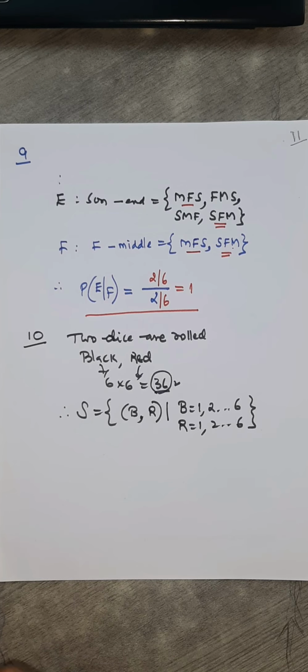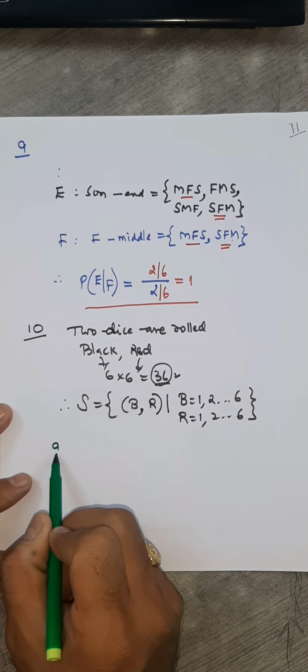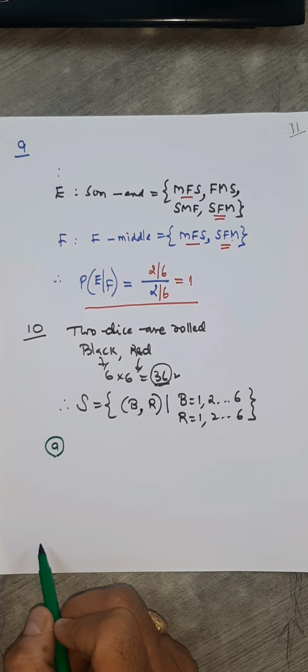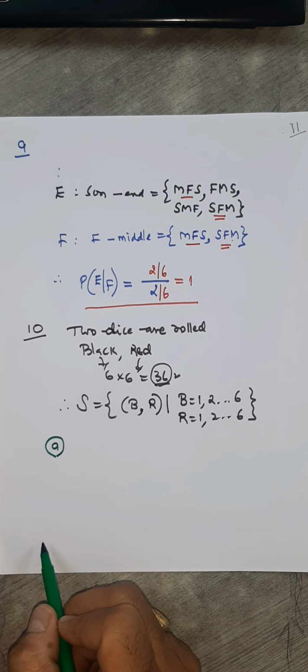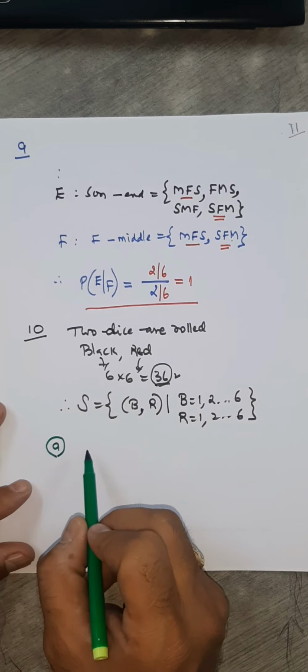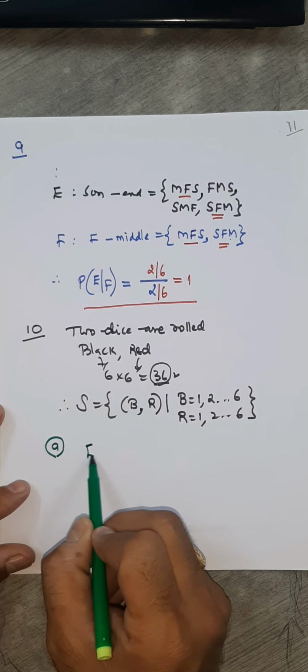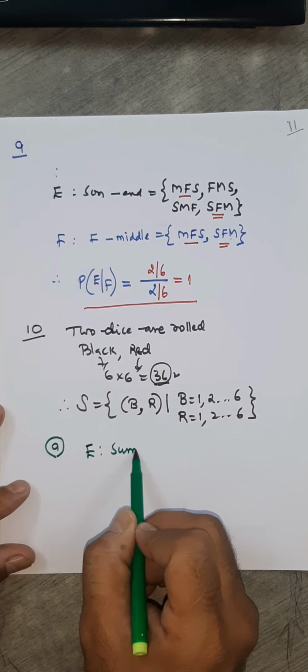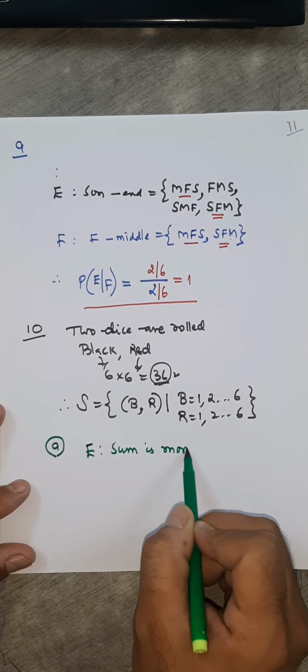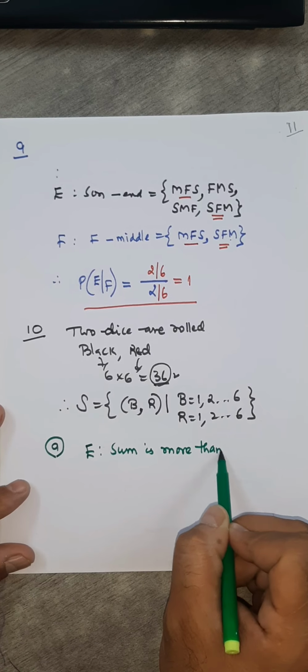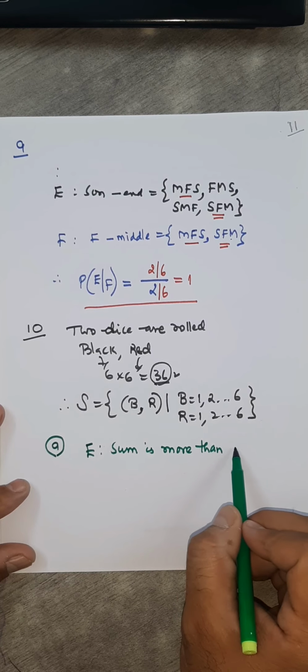Now read the first question. I'll do the first only. Find the conditional probability of obtaining a sum greater than 9. So I'll call that, for example, event E, that the sum is greater than 9.